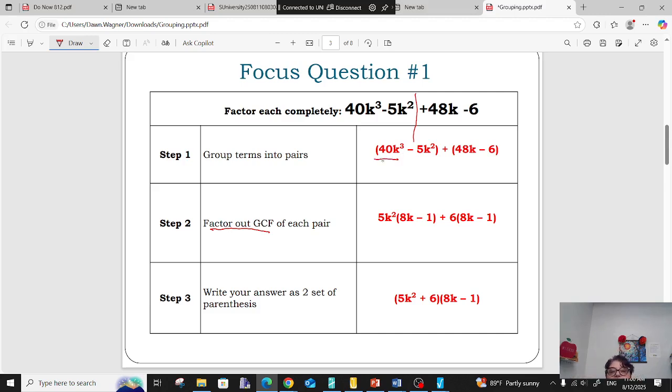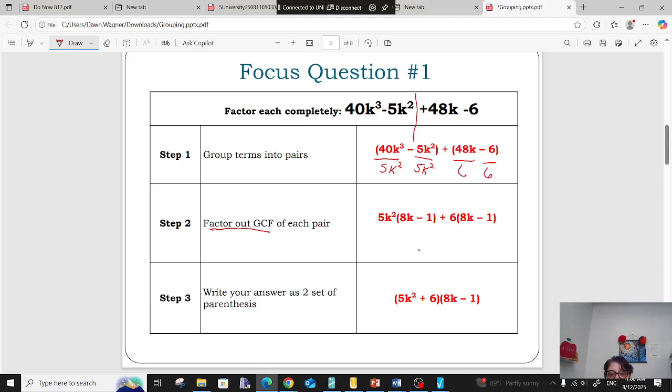You also look at the variables. What's the lowest exponent? K to the second. Now the other group: what's the greatest common factor between 48 and minus 6? 6. So you'll be dividing these by 6.